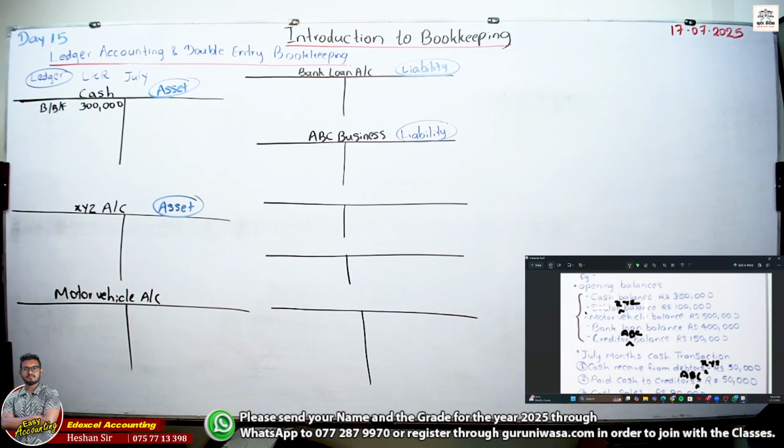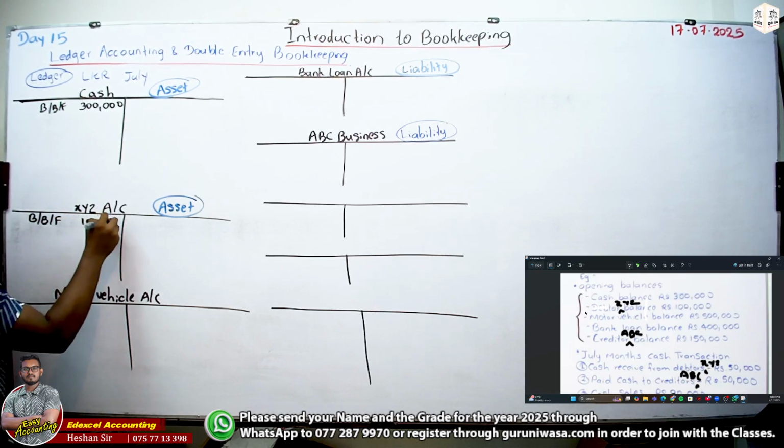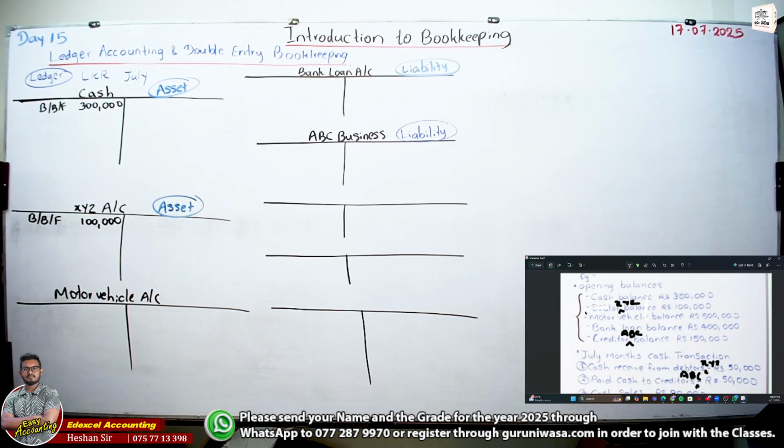Then XYZ is an asset account, so balance comes on the debit side. Assets and expenses always debit, so it's 100. Then motor vehicle is also an asset, so balance brought forward on the debit side, 500,000.